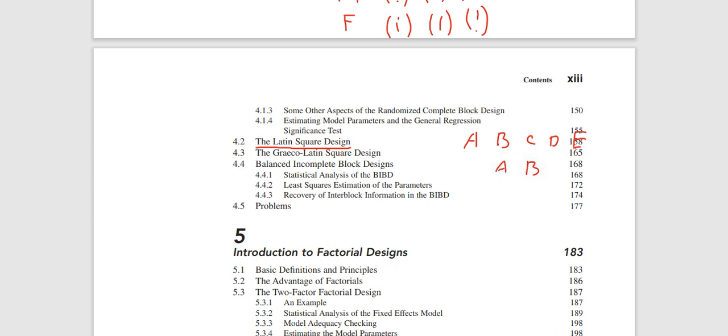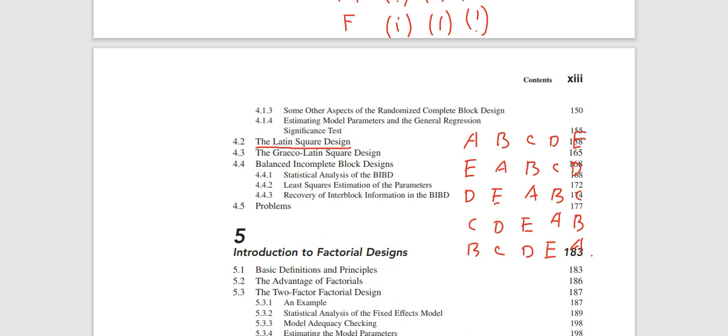A, B, C, D, E, A, B, C, D, E, A, B, C, D, E. Such a thing is called a Latin square.